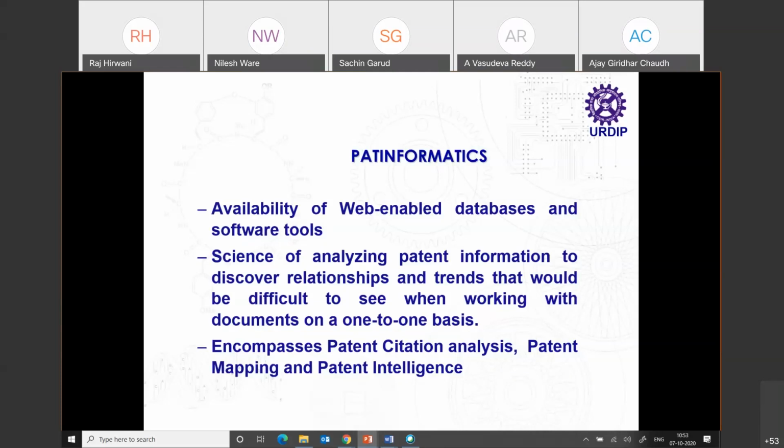Citation analysis, patent mapping, patent intelligence: this is what is called Patinformatics.